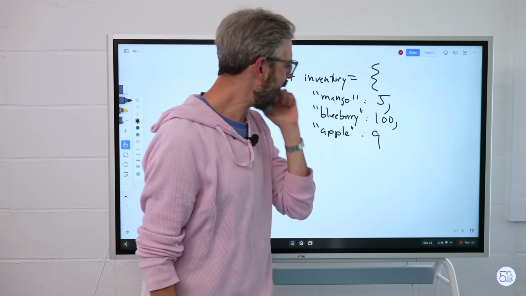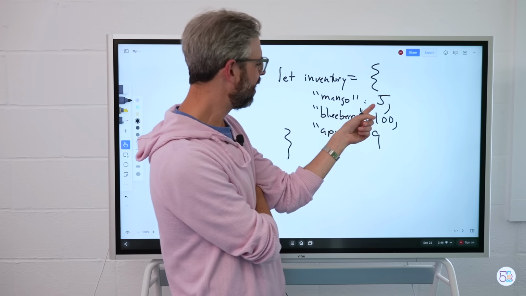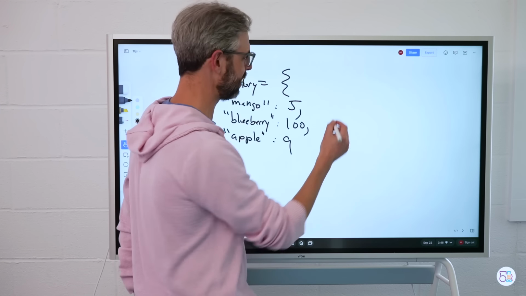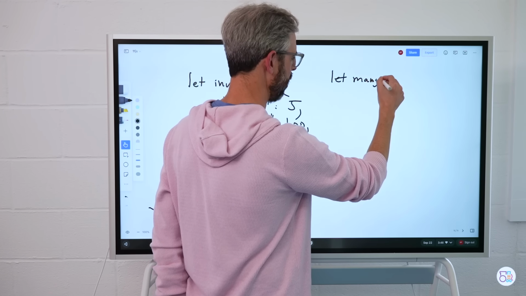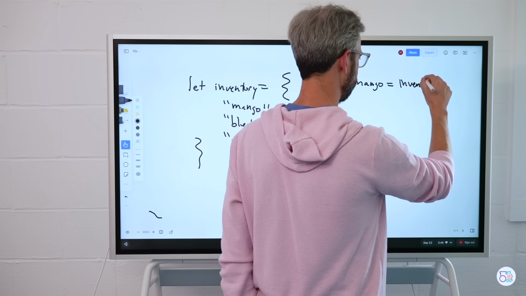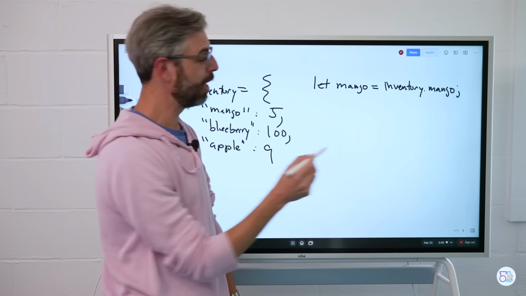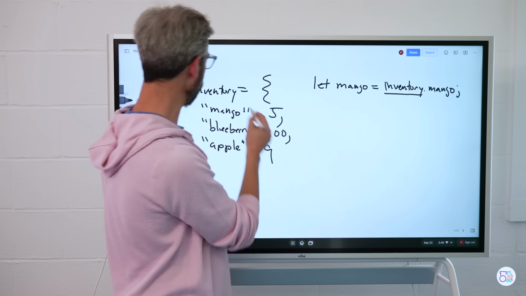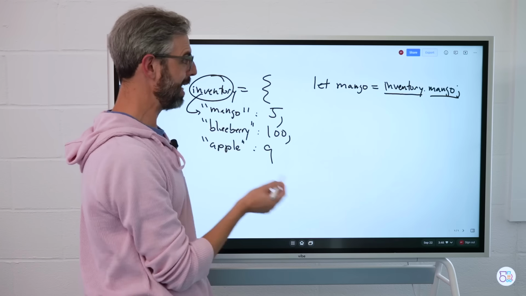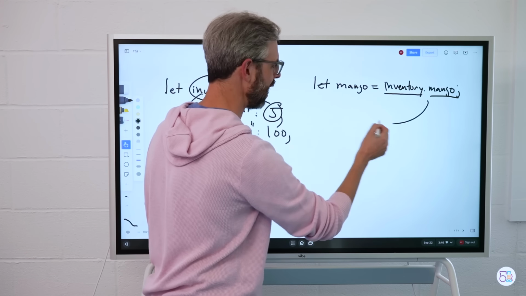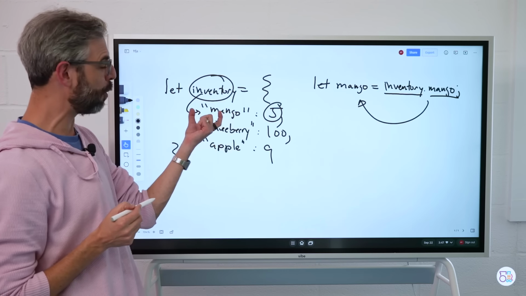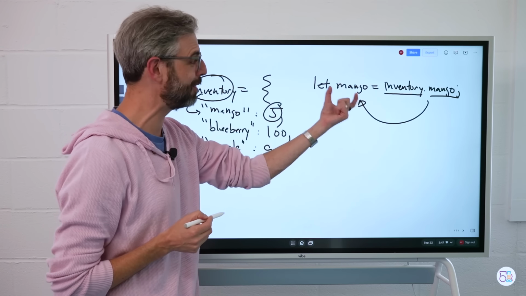Let's say I wanted to get the value 5 into its own variable. I might say this, let mango equal inventory.mango. This is saying, look up the object inventory, and then go to its property mango, and give me the value there and set it equal to this new variable called mango. It's essentially pulling out this individual property and putting it into its own variable of the same name.